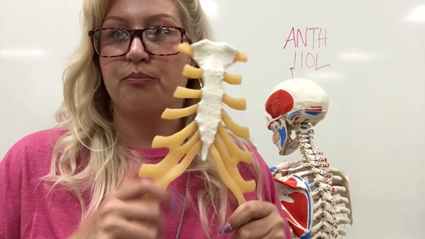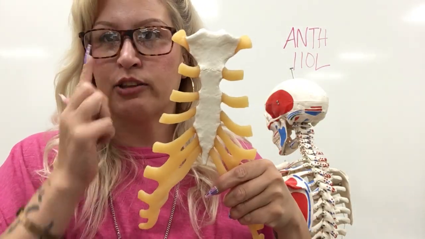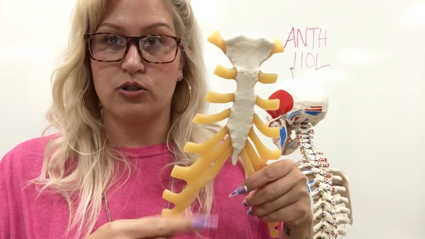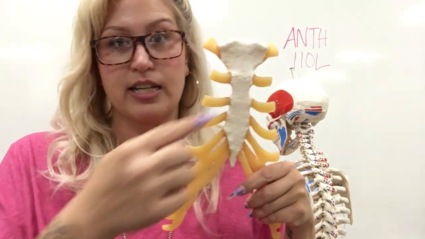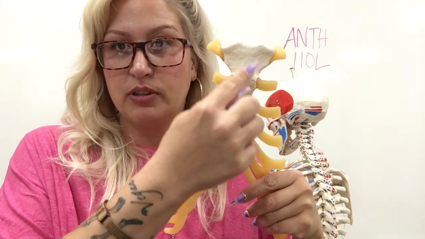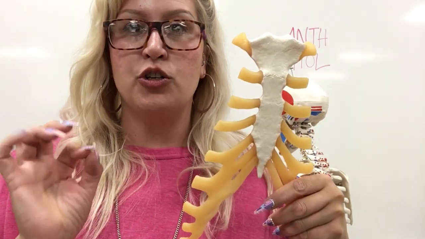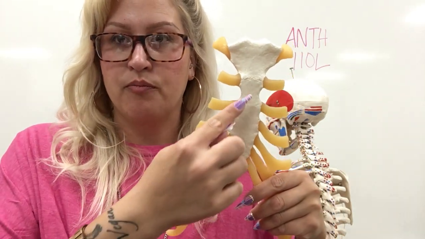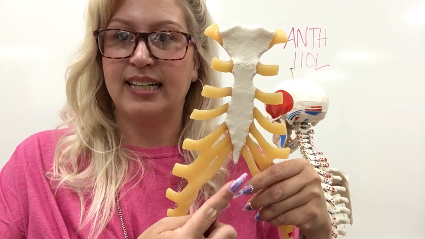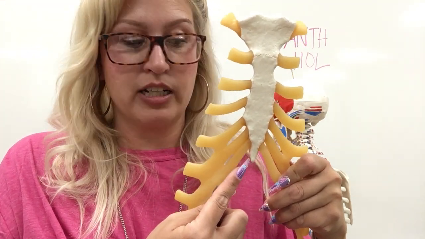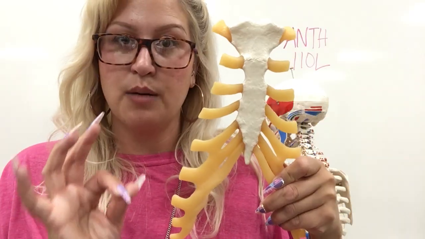Getting into the sternum specifically, we have 3 regions to the sternum. This top region here that looks kind of heart-shaped is the manubrium. The middle part here is the sternal body, and this tiny pointy part at the bottom is called the xiphoid process.